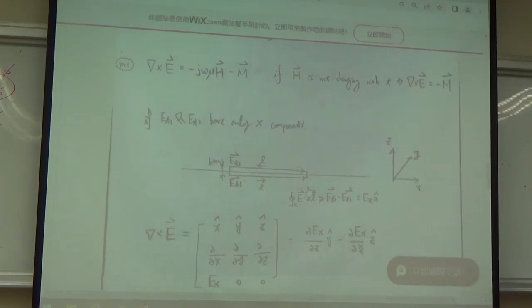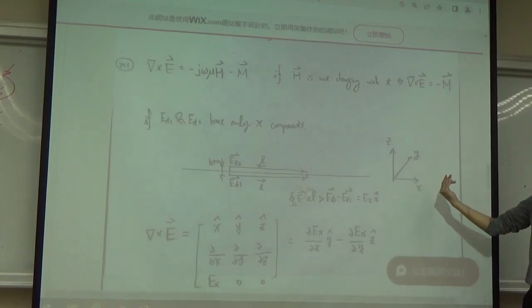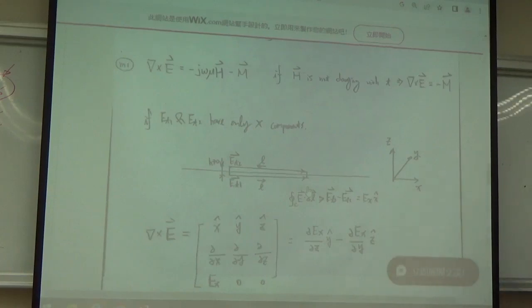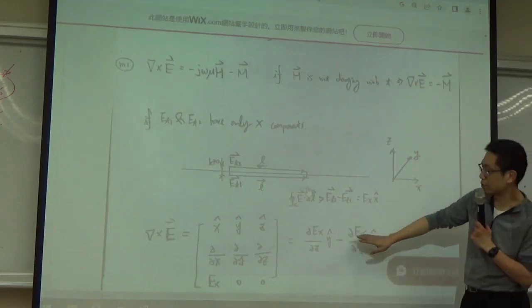But you will think about that before your midterm exam. Maybe I will have a question, but I will not use X, Y, Z. Maybe I put X, Y, Z in a different direction. Then you should think about that again, right? Why don't you think about it now? This one will disappear.